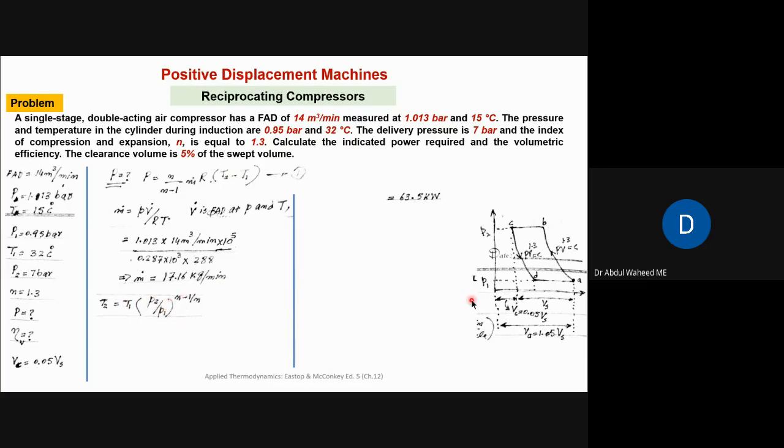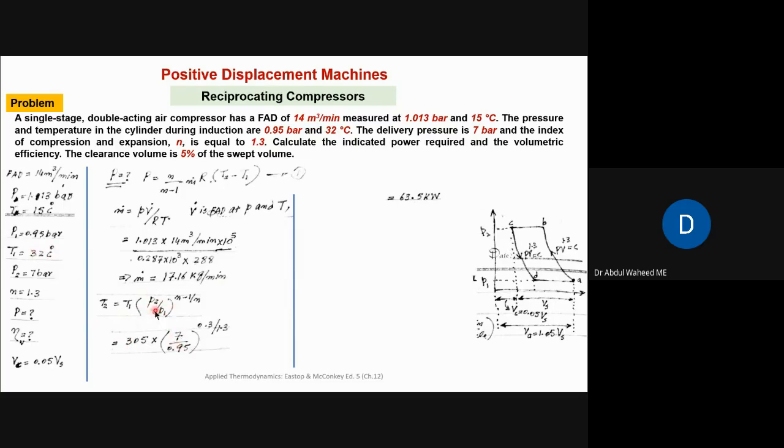Because this T2, from this law, this equation, is for reversible polytropic. So for reversible polytropic, put the values: T1 is given 32 plus 273, P2 over P1.